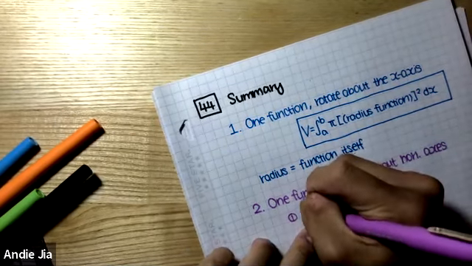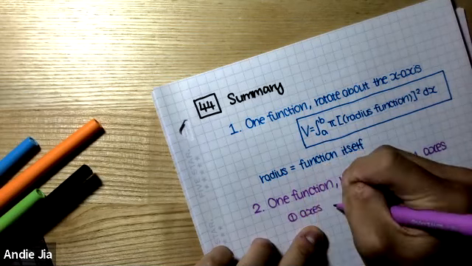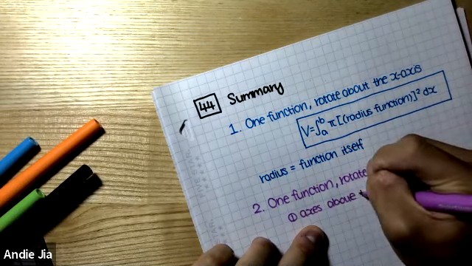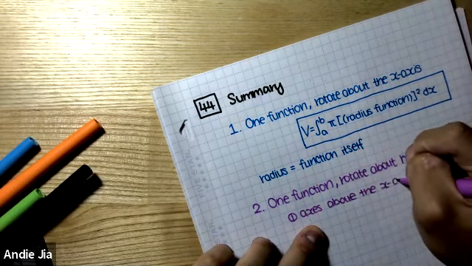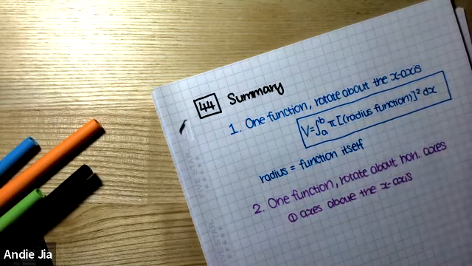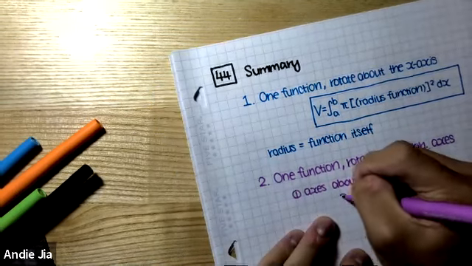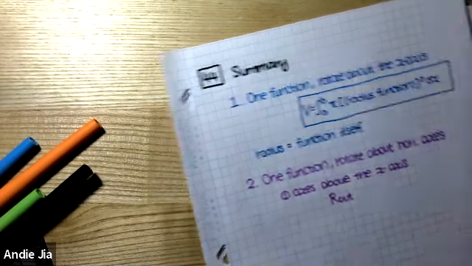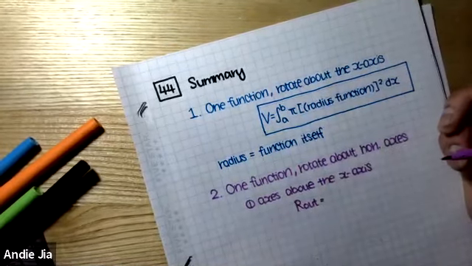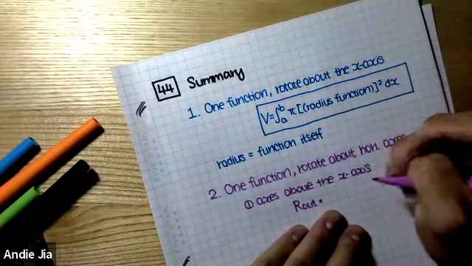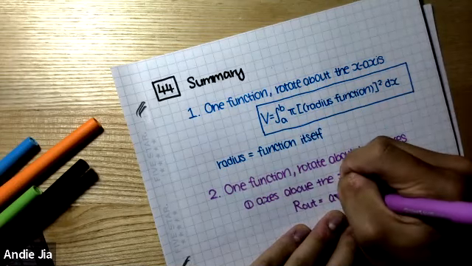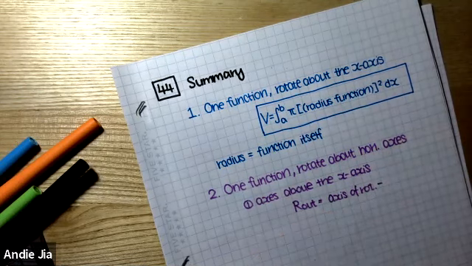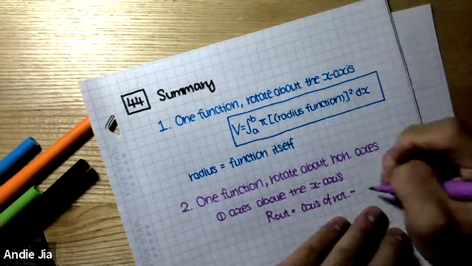If the axis of rotation is above the x-axis, then the outer radius is equal to the axis of rotation minus the bottom function.